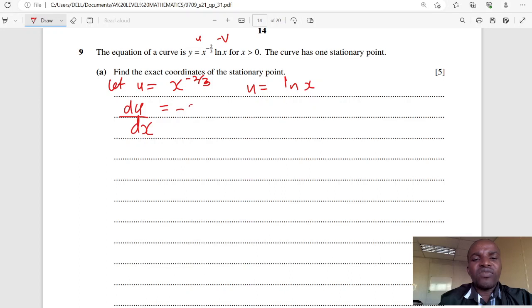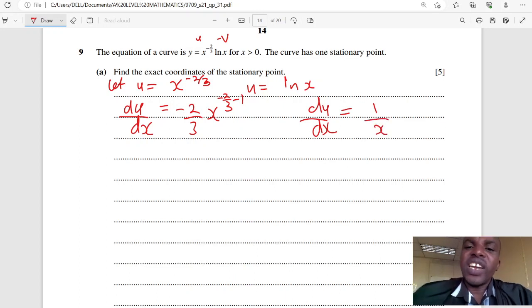It will be negative 2 over 3, then x to the power negative 2 over 3 minus 1. Then dv over dx, the derivative of ln x, will be 1 over x. Please take note of that part.